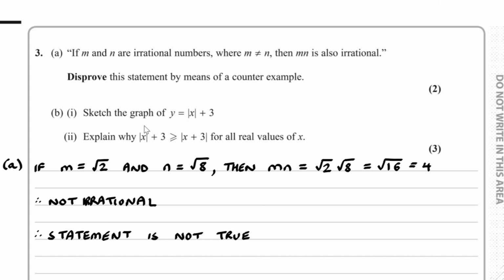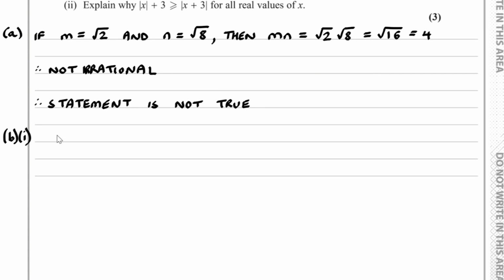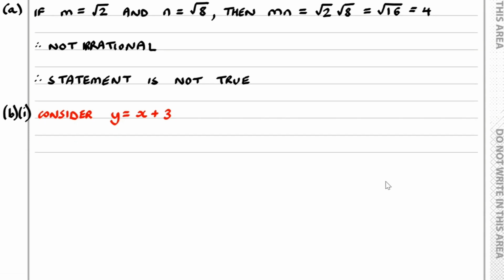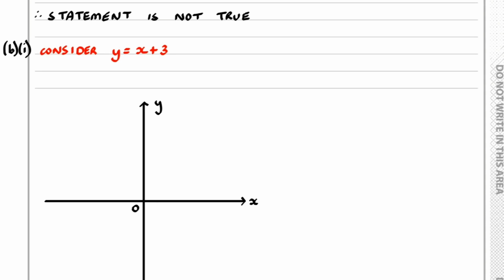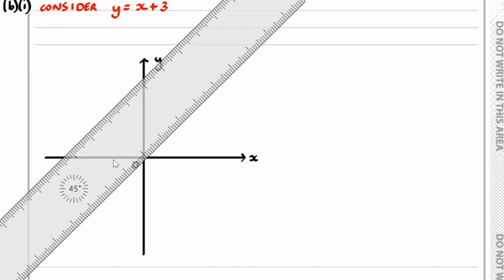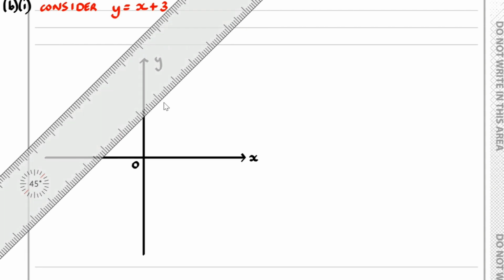Then for part B, for the first part we have to sketch the graph of y equals mod of x plus 3. Now when we come to sketch this graph, what we can do is, first of all, consider the graph of y equals x plus 3. So if I have a set of axes such as the one here, and if I was to sketch the graph of y equals x plus 3, it would look something like this.